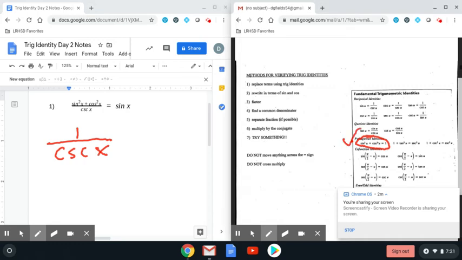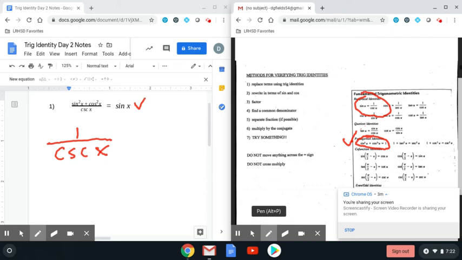Now, once you guys have 1 over cosecant and you're trying to get sine of x on that right side, if we look at what cosecant is, back to what we talked about that first day, cosecant is the same exact thing as 1 over sine, or I should say, more importantly, if we look at sine, which is right above it, sine is actually the same thing as 1 over cosecant.